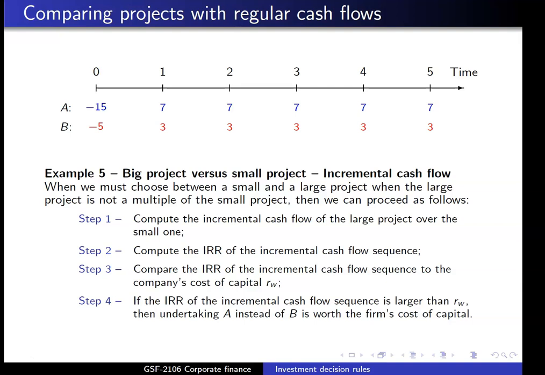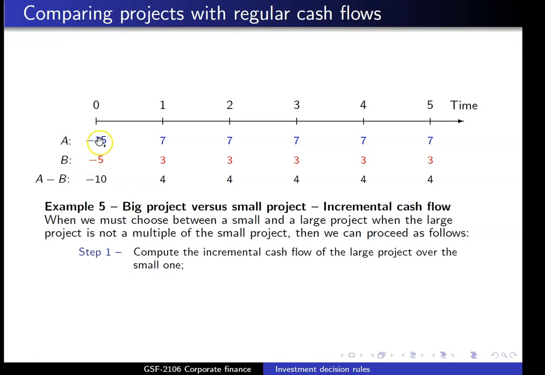We compare the internal rate of return of the incremental cash flows to the company's cost of capital, and if the internal rate of return is larger than the cost of capital, it's good to forego B in order to take on A.